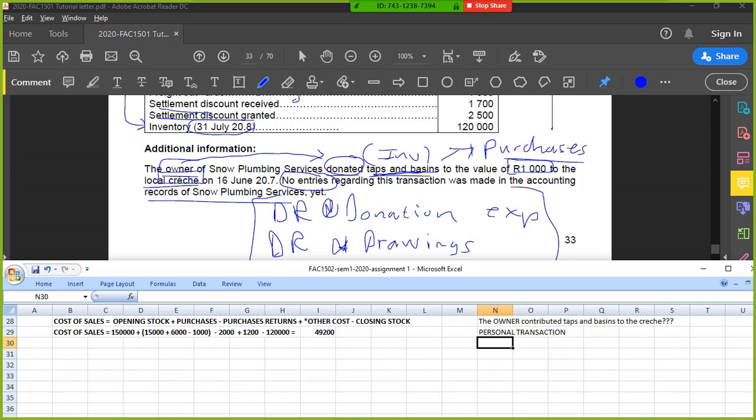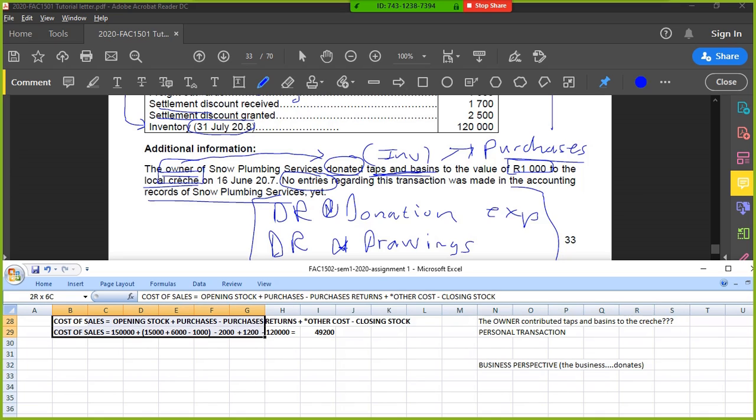So remember, if you look at the textbook information, they talk about a business perspective. In other words, the business donating. If the business donates stock, the business is going to account for the donation as part of its purchases, which will be decreasing.